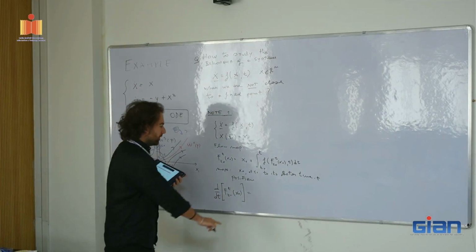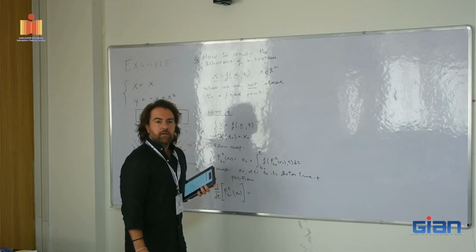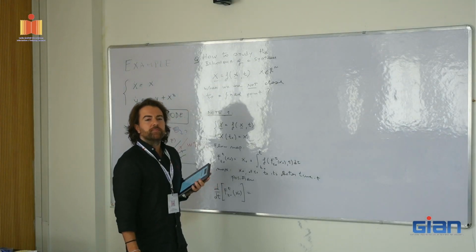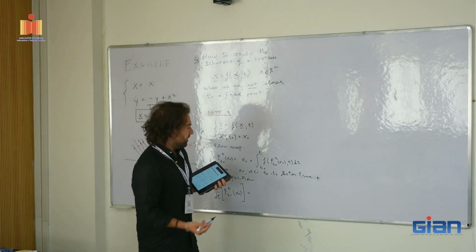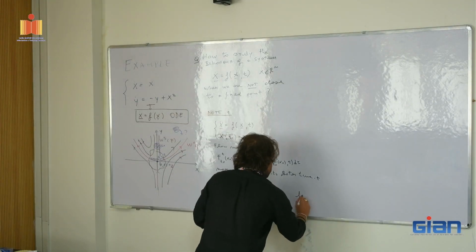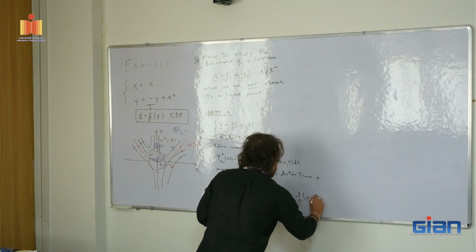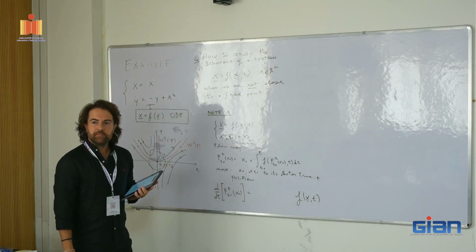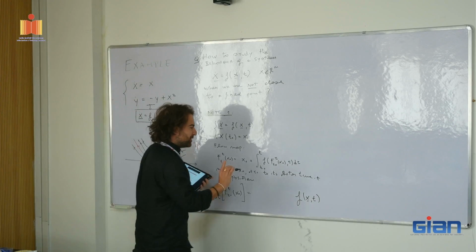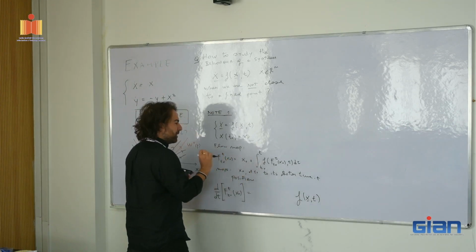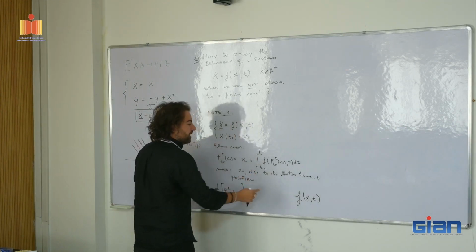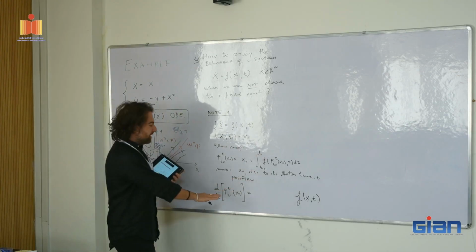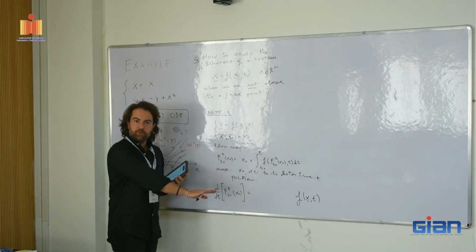Can you tell me what I should write here? It's just a very delicate thing, but it's very important to appreciate it. What is this? This is the velocity field. This is the derivative of the trajectory. Is it equal to the velocity field?